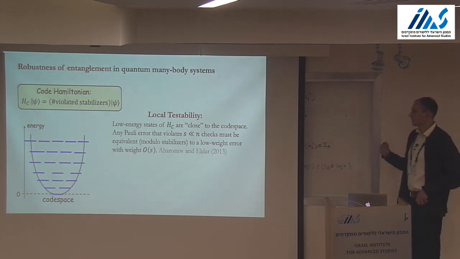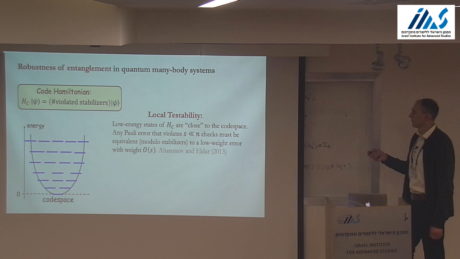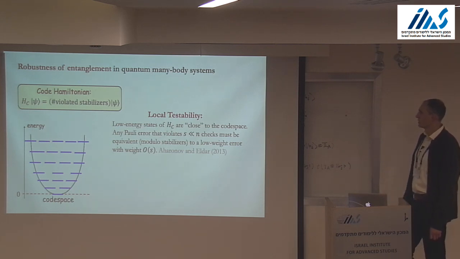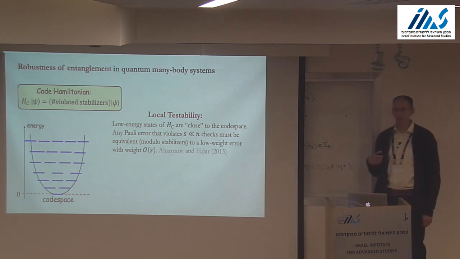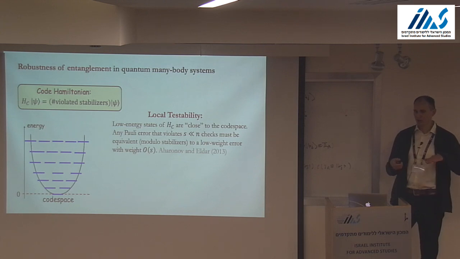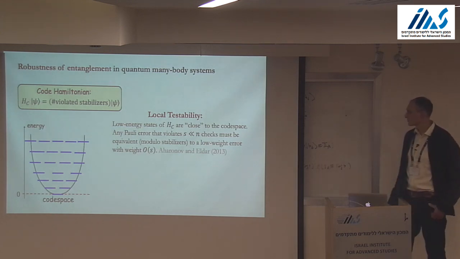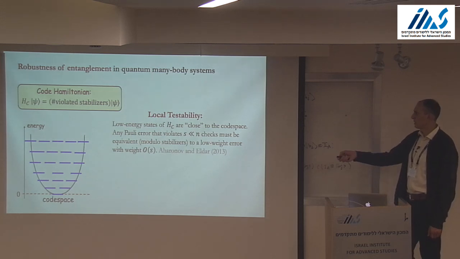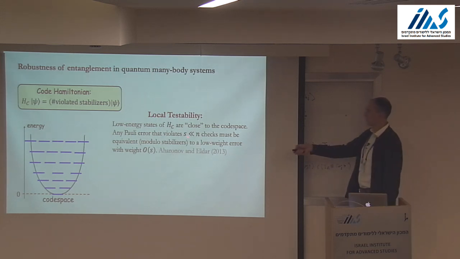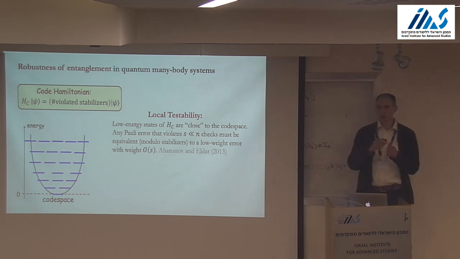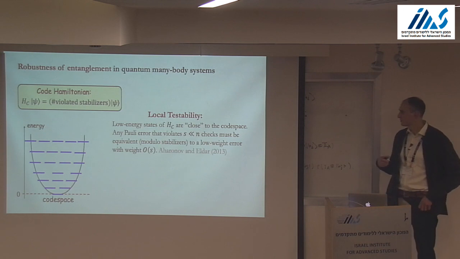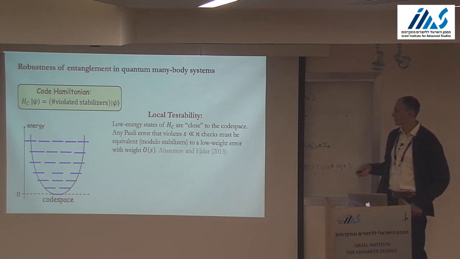And then there is a closely related conjecture which is called local testability. Basically it says that all low energy states of this Hamiltonian must be close in a certain sense to the ground state. So if we have some Pauli error that violates a certain number S of stabilizers, then such a Pauli error has weight at most some constant times S. This conjecture was introduced by Dorit Aharonov and Lior Eldar.